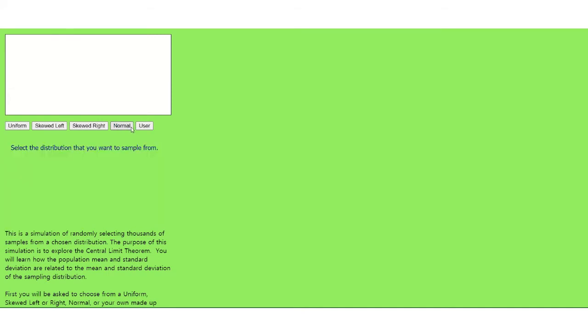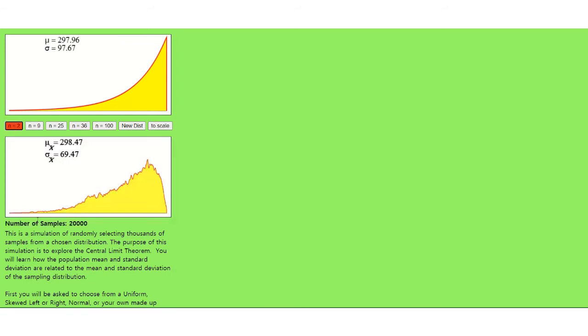And let's try a new distribution, like skewed left. The distribution here is skewed to the right, yeah, this side. And when n equals 2, the distribution is still skewed.